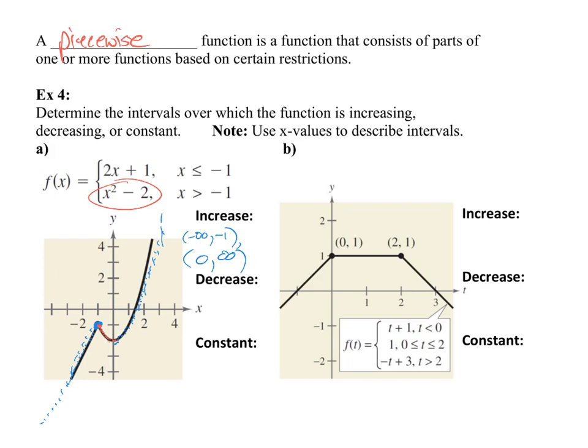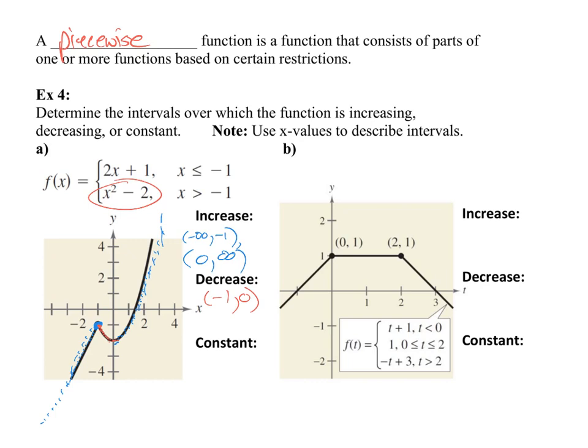So what are my x values there? It's from -1 to 0. And in this graph, is there any area in which it's constant? Constant is when it flatlines. In this case, we don't have that scenario, so there's no area that's constant. All right, we're done. Going on to the next example.